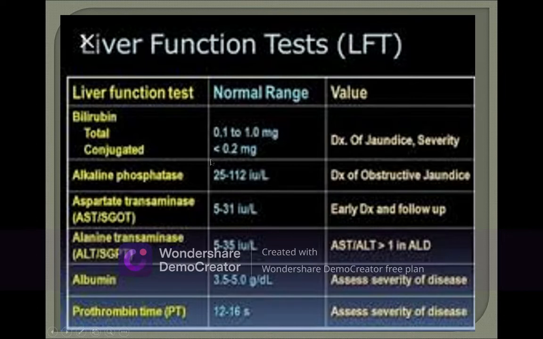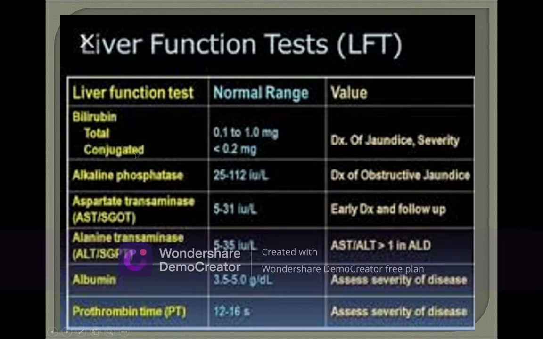Because the load on the liver cell is so much, they are unable to convert it to the conjugated form. If you subtract the conjugated from the total, you will find that unconjugated hyperbilirubinemia is predominant, and it is most likely to be prehepatic or hemolytic jaundice.